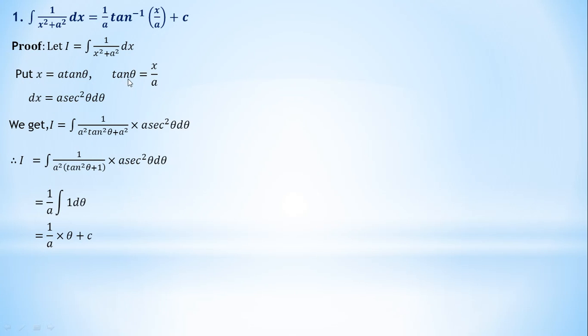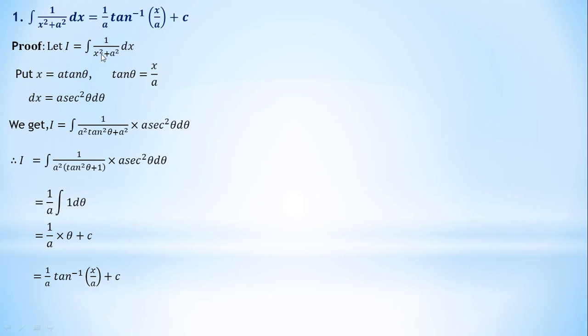Now tan theta is equal to x upon a, so theta will be tan inverse of x upon a. So we get the final answer as 1 upon a into tan inverse of x upon a plus constant. So this is the important result.